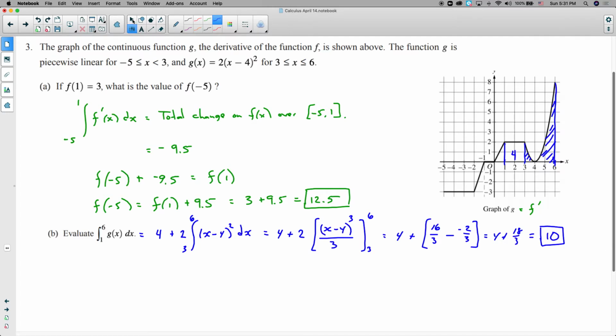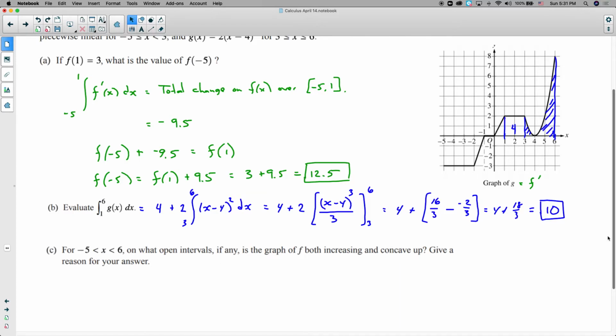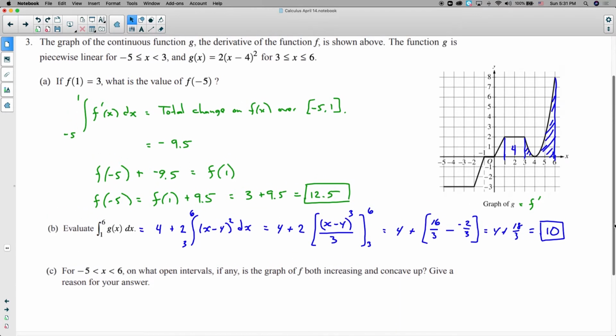All right, then let me bring up part C and see what we can do on this one. Here for -5 to 6, we're looking at just this interval out here.